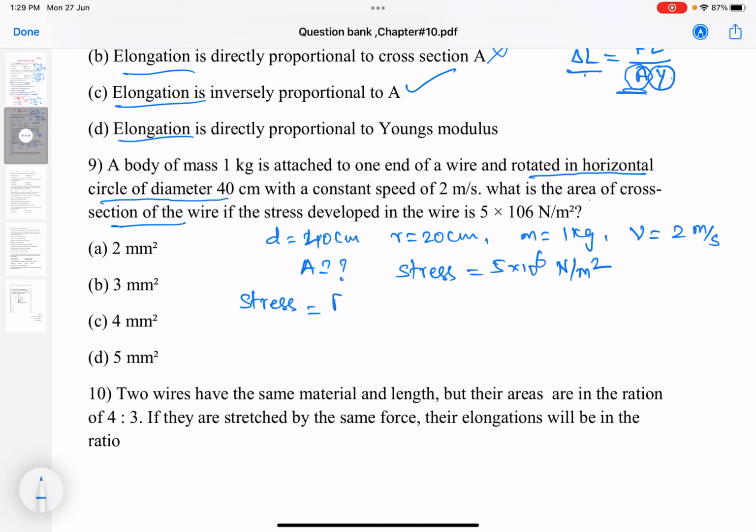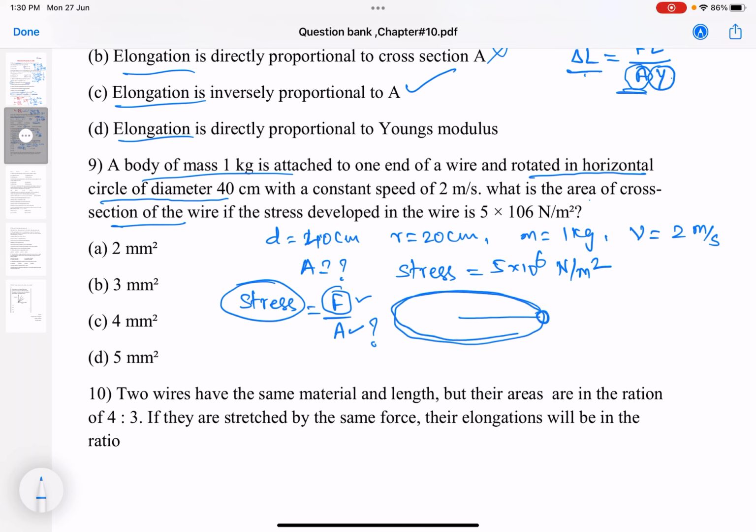So in order to find out the force, see, a body of mass 1 kg is attached to one end of the wire, and this wire is rotated in a horizontal circular motion. When it is moving in a horizontal circular motion, what force causes it to rotate? Centripetal force. That force is equal to mv square by r.